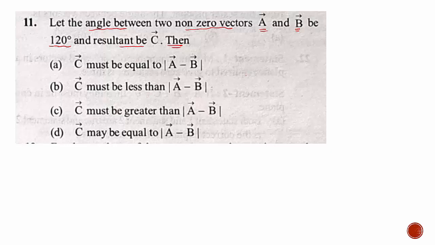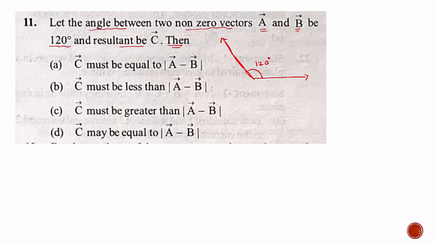Let us consider vector A and this is vector B. The angle between these two vectors is 120 degrees.